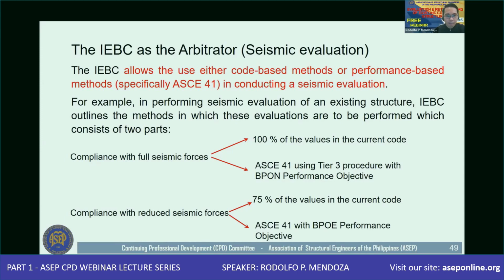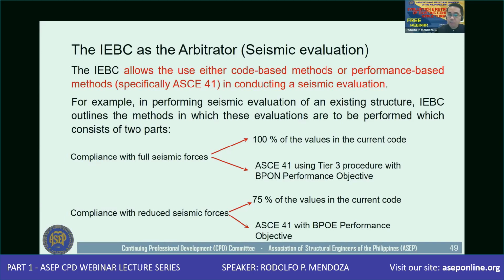And this compliance method is actually categorized into two. One is what we call the full compliance method, and the second is what we call the reduced compliance method. In the full compliance method, you are required to use full seismic forces.